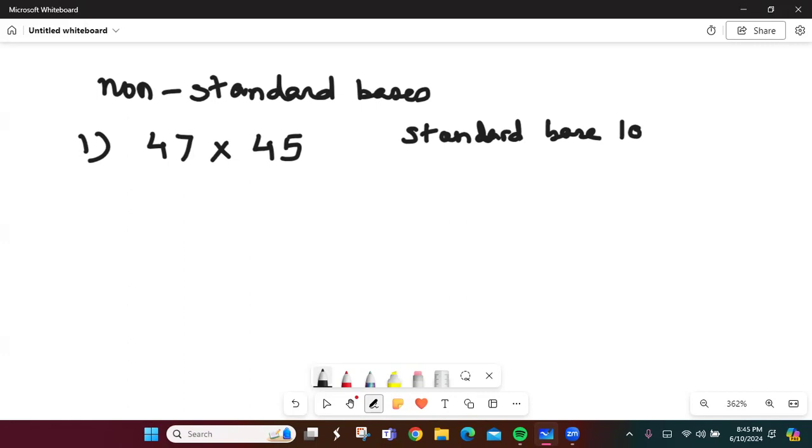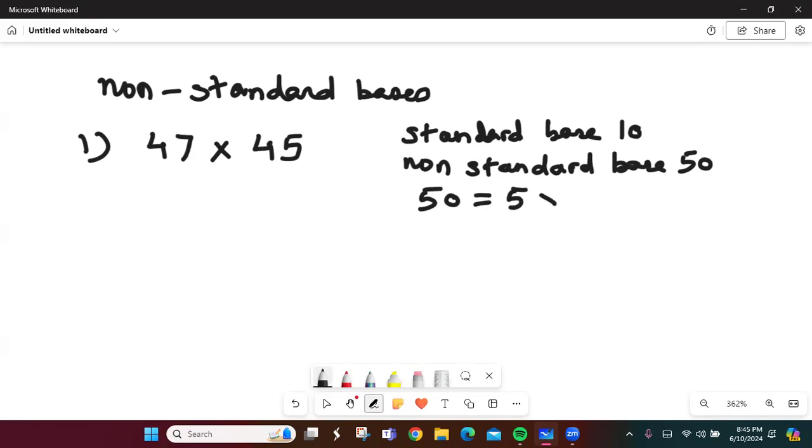So I'll take a multiple of 10, which is closer to both these numbers, as a non-standard base. And the most suitable number in this case is 50. So I'll take the non-standard base as 50. And as you can see here, the non-standard base 50 is 5 times the standard base 10.